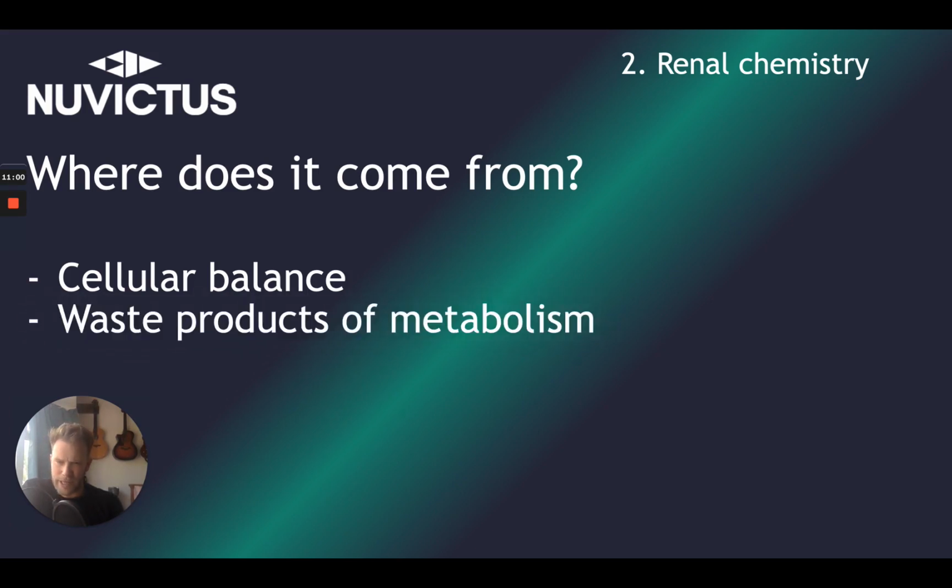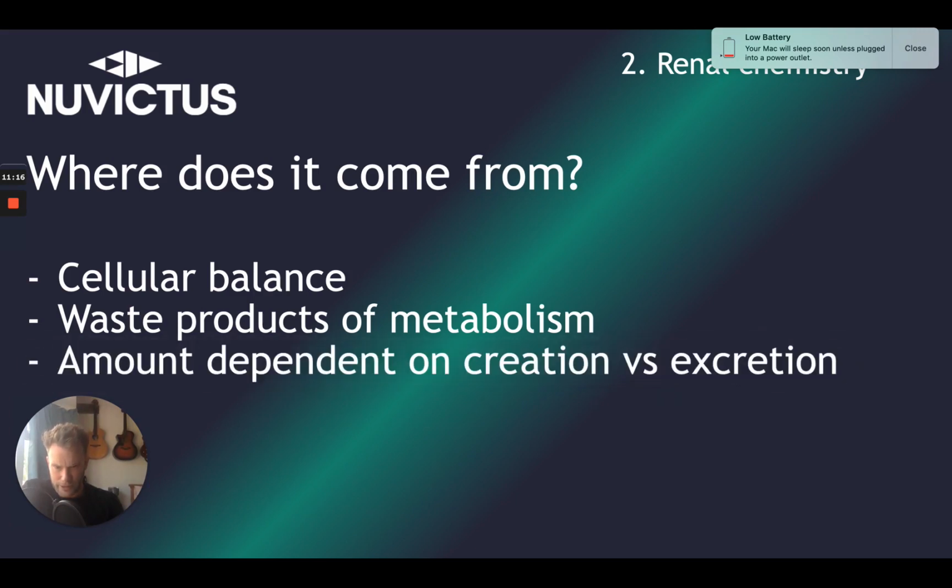And waste products of metabolism, especially when we talk about muscles, creatinine is a big toxic waste product that comes from the use of your muscles. So we want to try and get rid of that as we're able to. So the amount of creatinine in the blood will be dependent on the amount that's being created versus the amount that's being excreted.